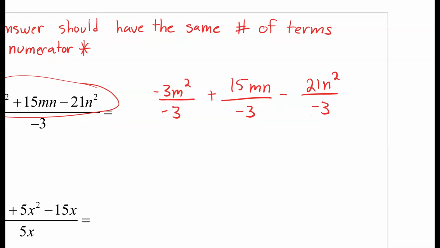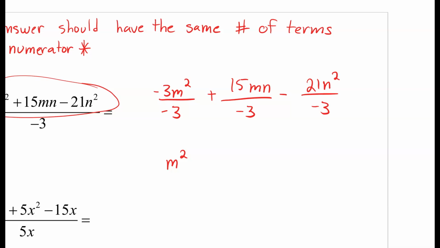Next thing that we need to do is do each portion. So we have negative 3m squared divided by negative 3. Well, our coefficients is what we address first. So negative 3 divided by negative 3 gives us 1 that is positive. So we'd write down 1m squared because there's no m on the bottom, so the m squared goes unaffected. Now you don't need to write the 1 in front, so you could eliminate that 1 and just have it as m squared.